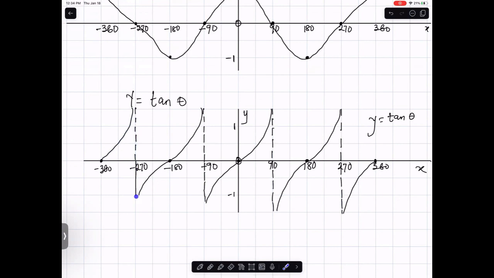Then we have it slanted this way, which is our tan graph. So it's a repeated pattern. We have it this way, this way, this way, then this way. So these are the trigonometric graphs we should be familiar with.